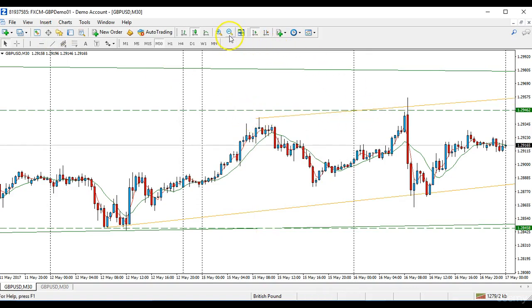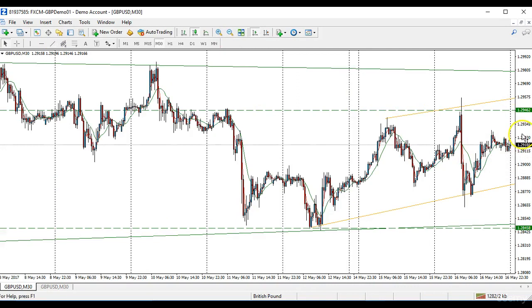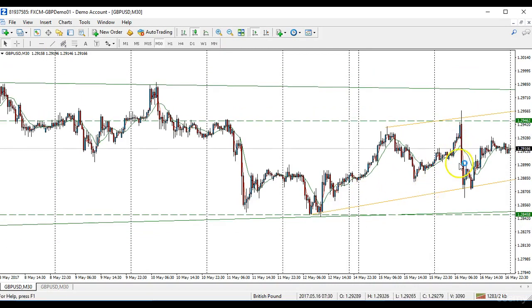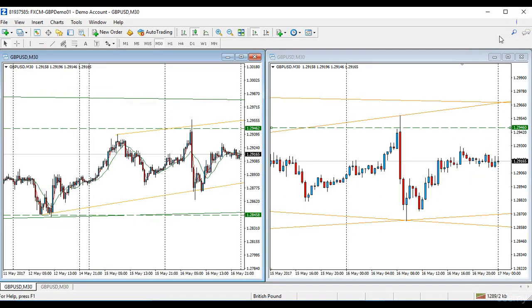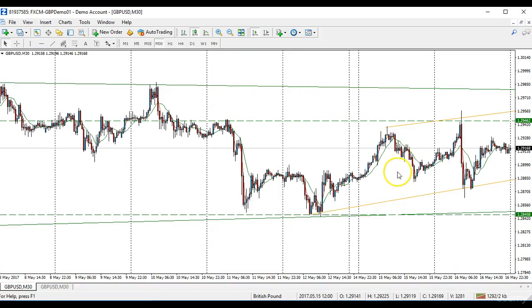So I can see this 30-minute pattern in the context of the daily support and resistance, and that gives me more information to know where the energy of the market is likely to be.